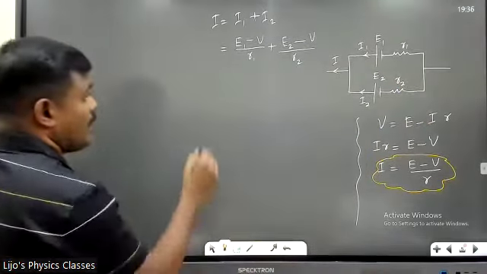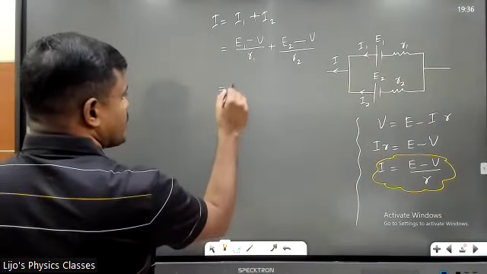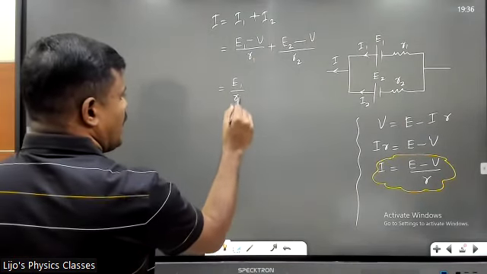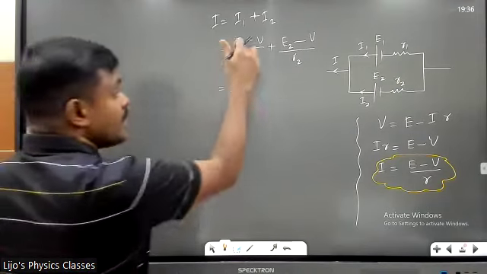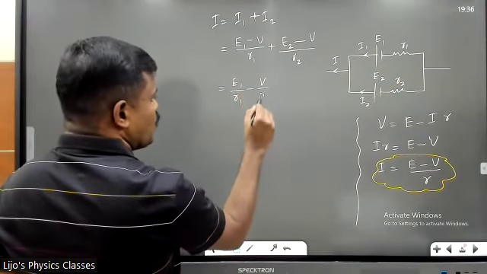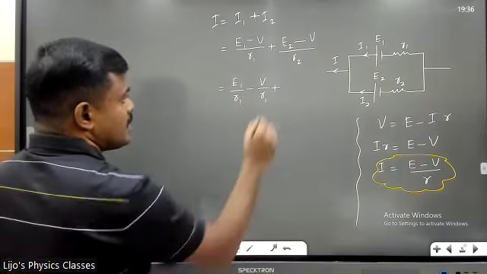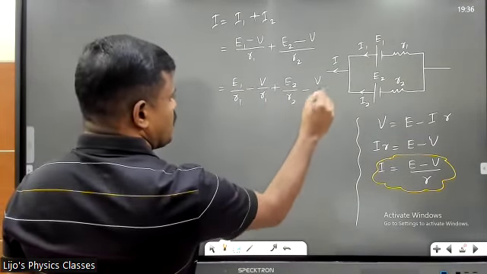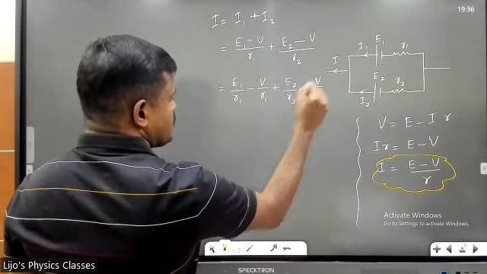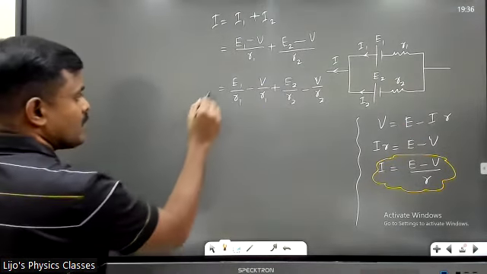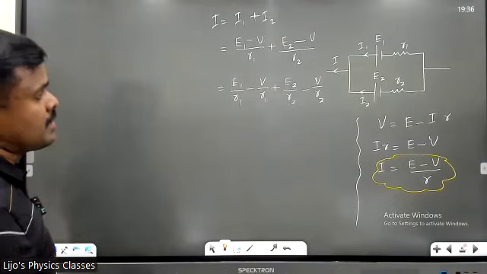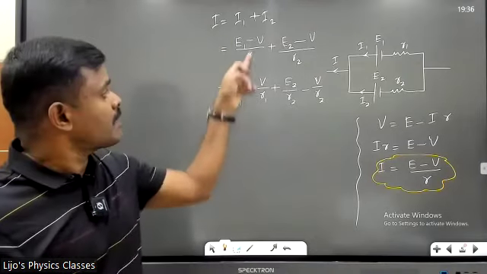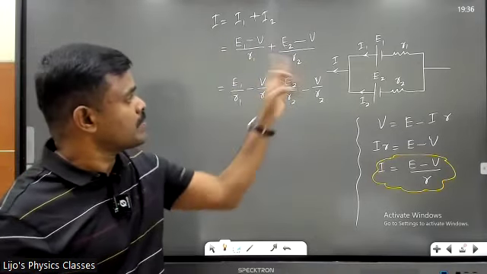Then let us split it. I'm splitting every term: E1 by R1 minus V by R1 plus E2 by R2 minus V by R2.